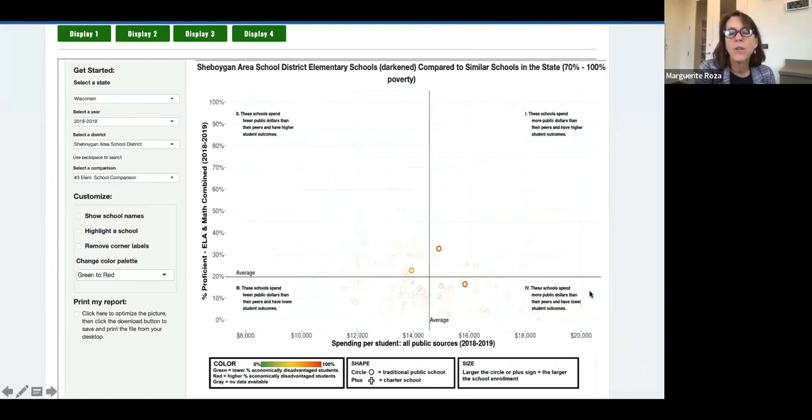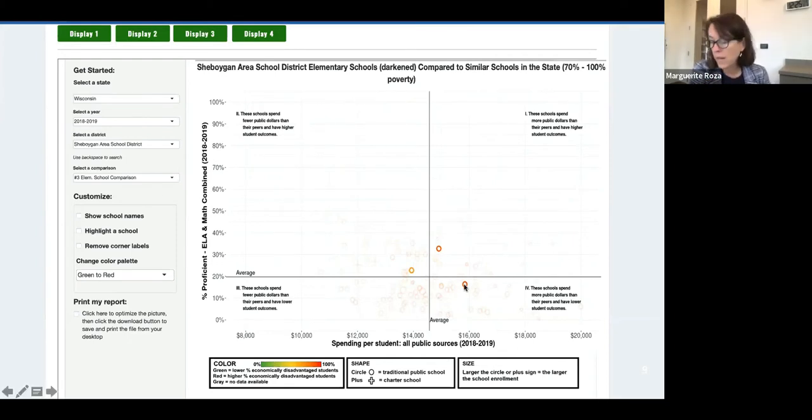And so when you look at this particular one, you can say, well, it's spending a little bit more than the state average, and it's getting higher outcomes, even when compared to schools of similar poverty levels. This is what people needed to be able to start to make sense of the data.